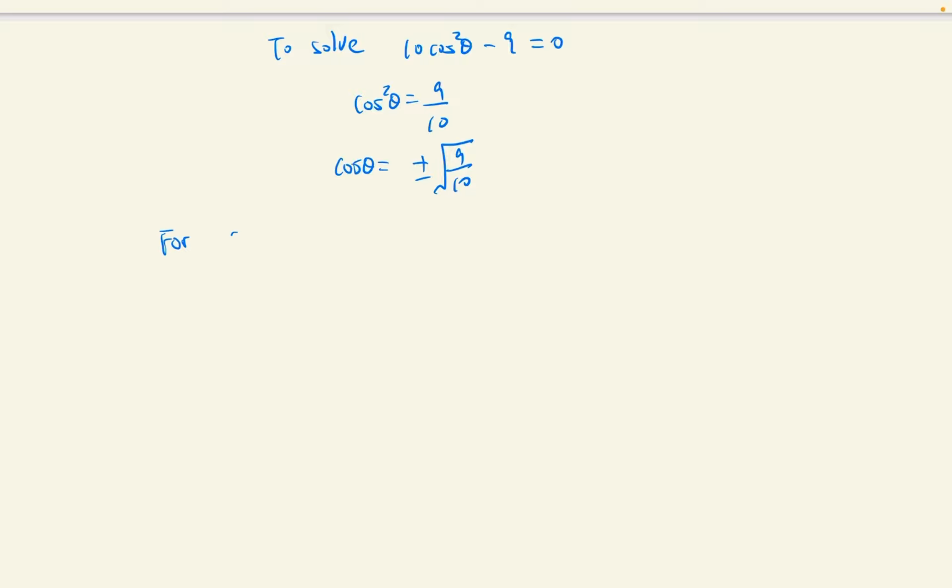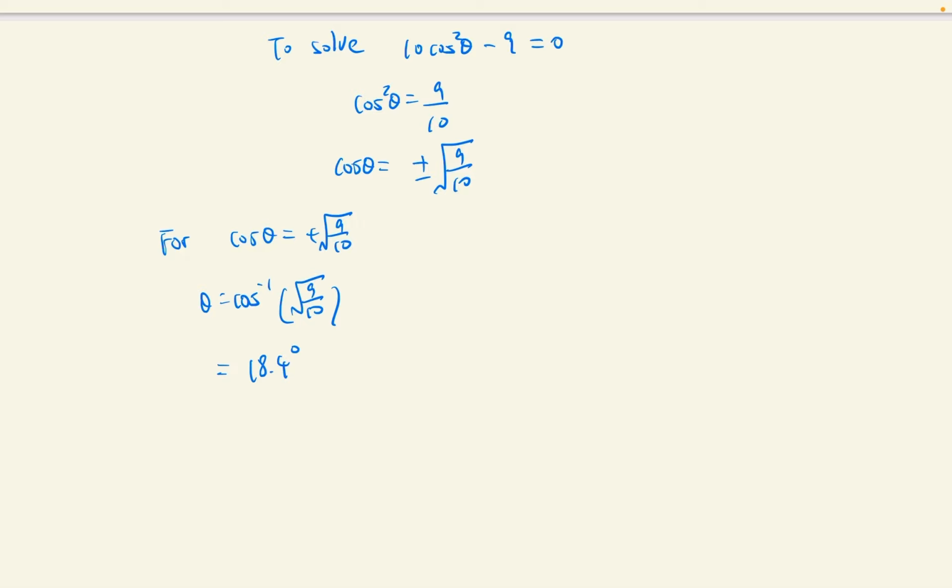For cosine theta equal to positive square root 9 over 10, theta is the inverse cosine of square root 9 over 10, which is equal to 18.4 degrees.